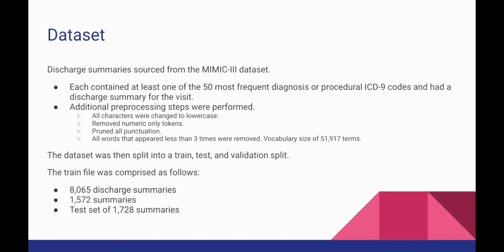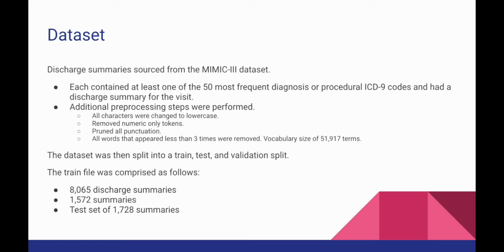For the dataset, discharge summaries were sourced from the MIMIC-III dataset. Each contained at least one of the 50 most frequent diagnosis or procedural ICD-9 codes and had a discharge summary for each visit. We also performed additional preprocessing steps, which include changing all characters to lowercase, removing numeric-only tokens, pruning punctuation, and removing words that appeared less than 3 times.